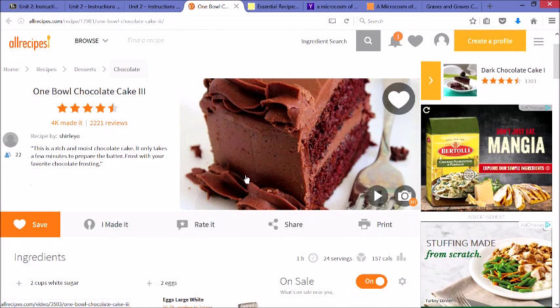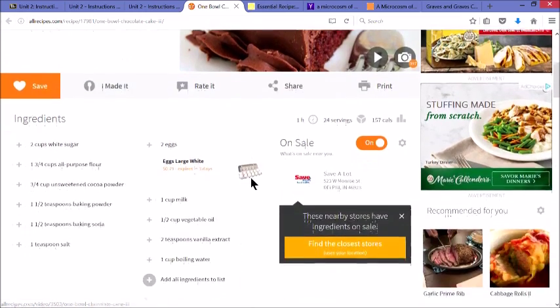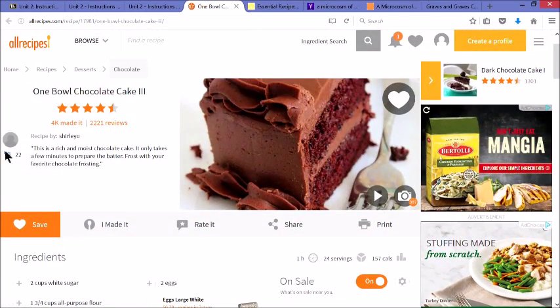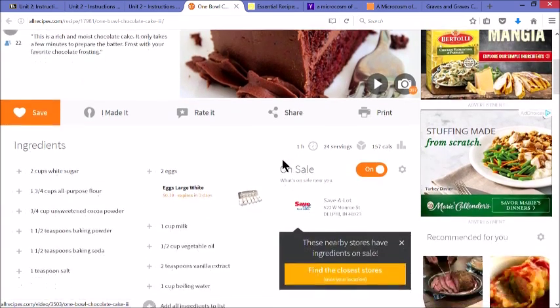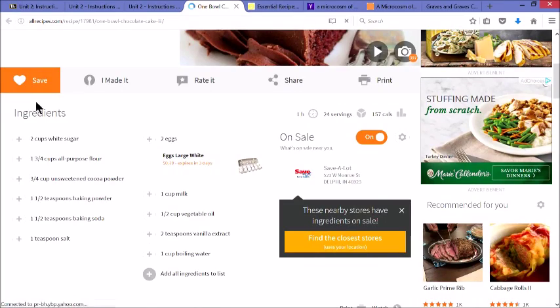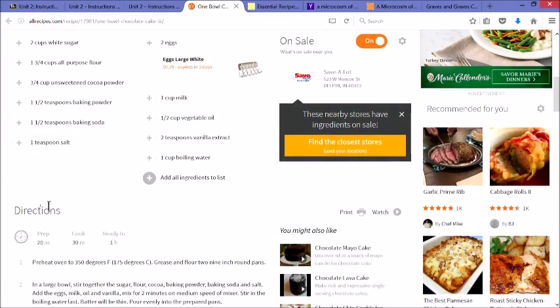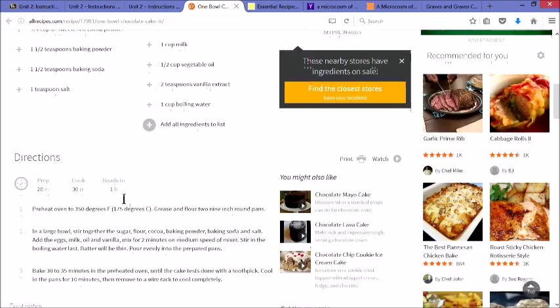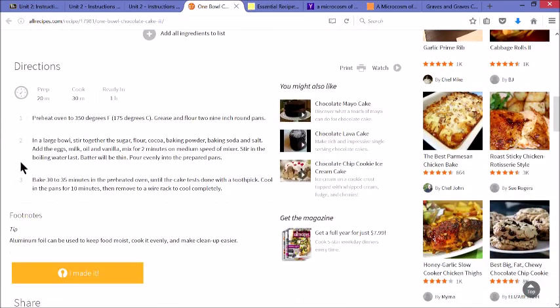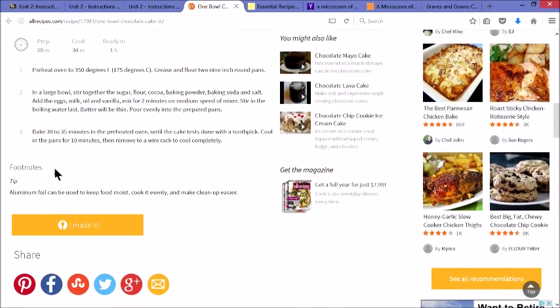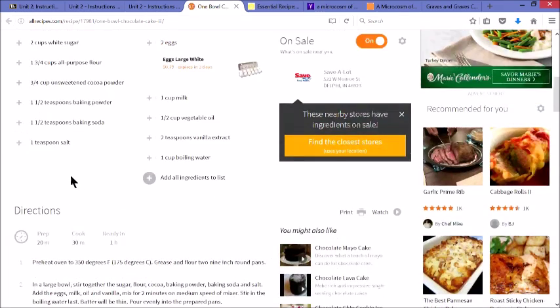This is from the website allrecipes.com, which is a sort of public database of recipes. You can see there's a brief description, a title, a very appealing picture, and then immediately an ingredients list, directions, cook time, numbered steps, and then at the bottom you have some tips.